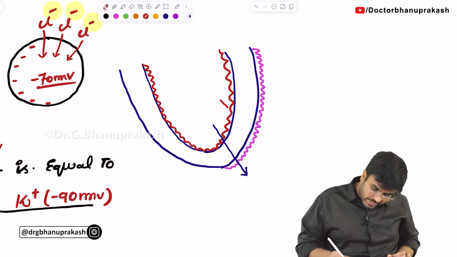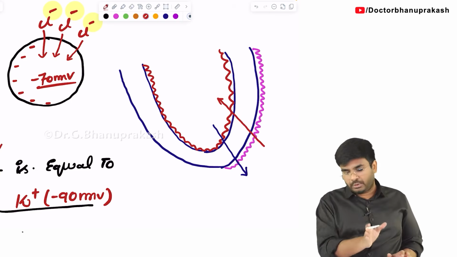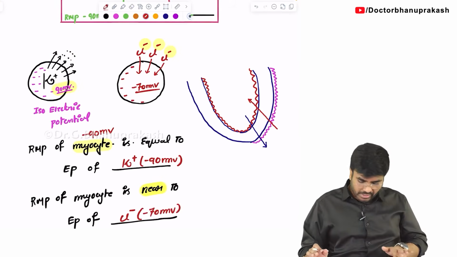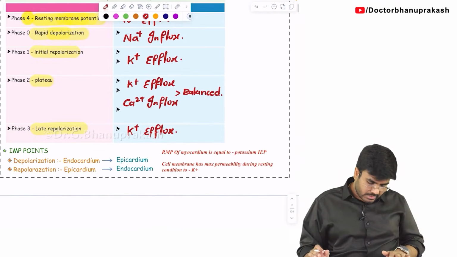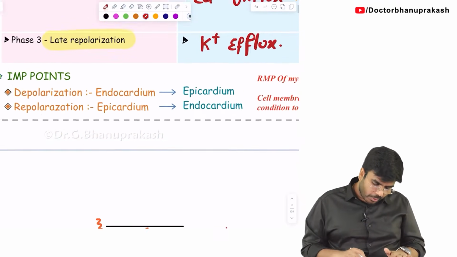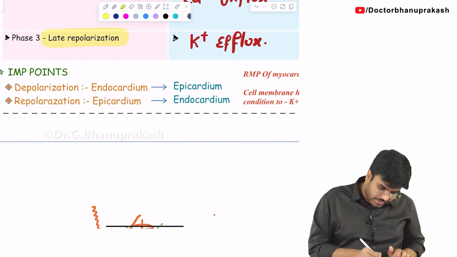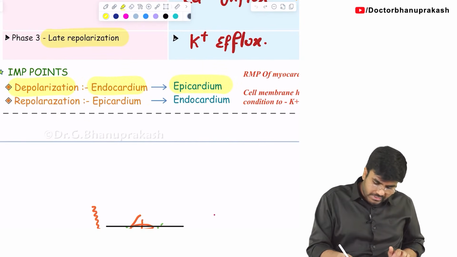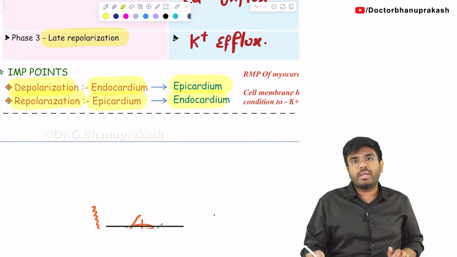Repolarization is always from out to in. So one is from in to out and the other is from out to in. Important points: depolarization is from endocardium to epicardium, and repolarization is from epicardium to endocardium.